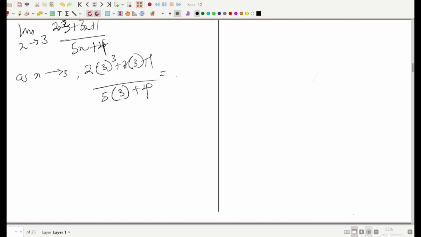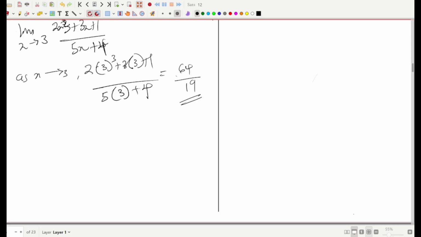So what are we going to have? 3 raised to the power 3 is 27 times 2, 54 plus 9, 63 plus 1, 64, divided by 5 times 3, 15 plus 4, 19. So realize it's actually the same.